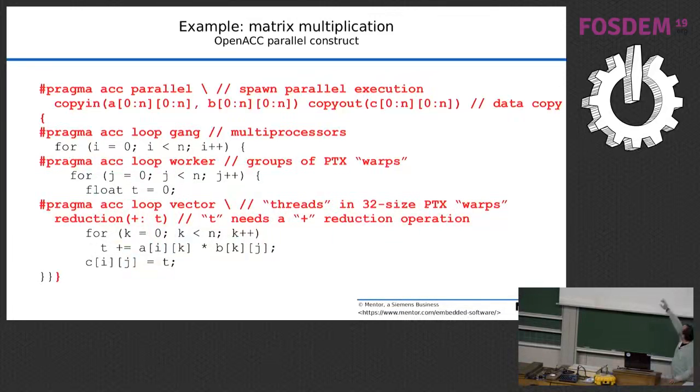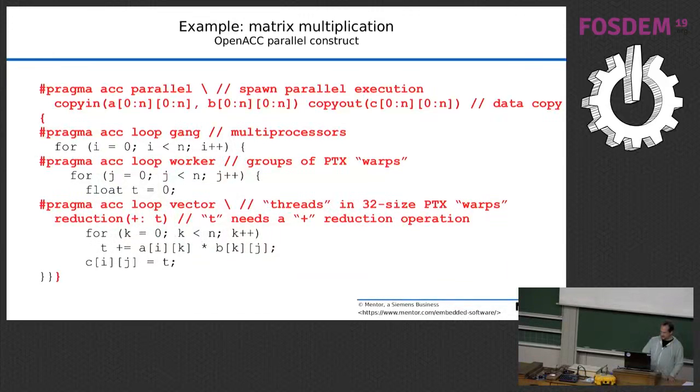For example, the outer gang level would map to queuing these computations to several of the bigger compute blocks on the GPU. The innermost one, the vector loop, is similar to a CPU vector, just that the vector width is much bigger. In NVIDIA GPUs, for example, it's 32-size vectors. And in between you have the worker parallelism level, which is essentially a group of vectors.